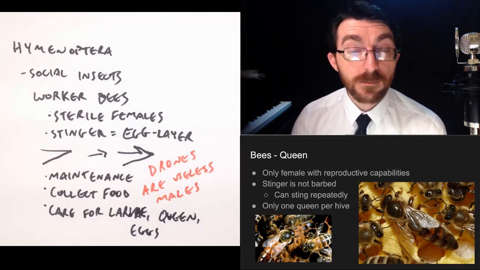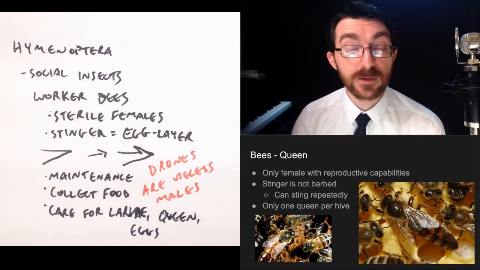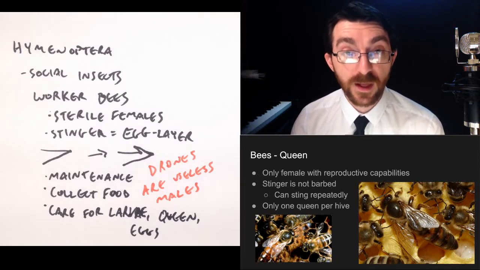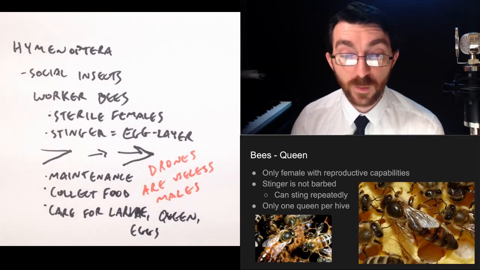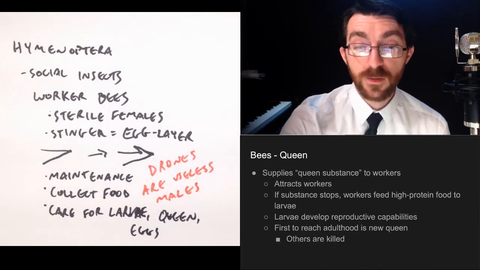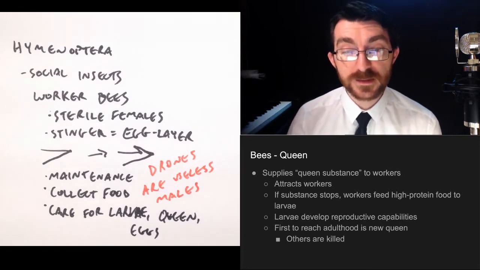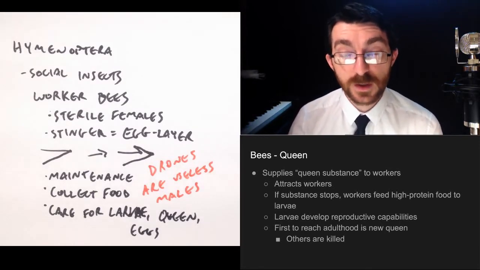Her stinger is not barbed, which means she can sting repeatedly, although she's not going to be in the thick of any fighting because she's deep within the hive and protected by the workers. There's only one queen per hive, and as you can see in that picture, the queen is much larger than all the other bees.